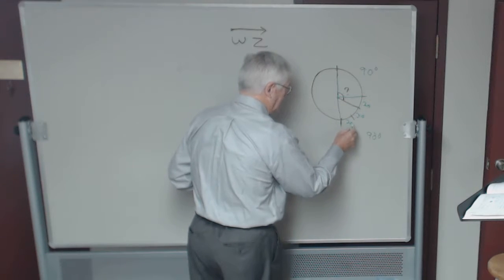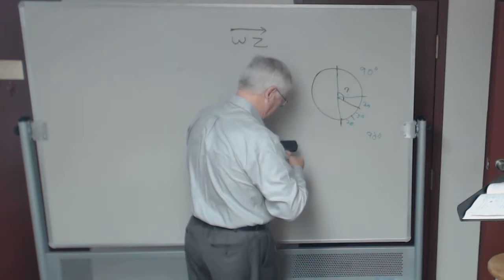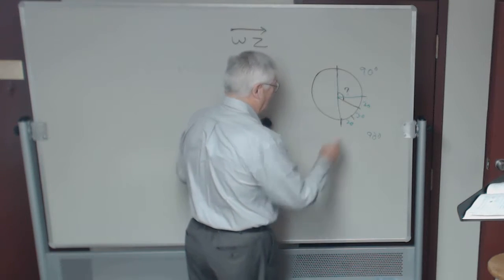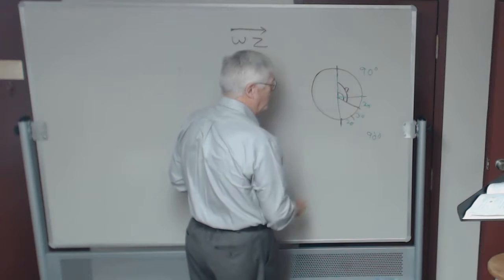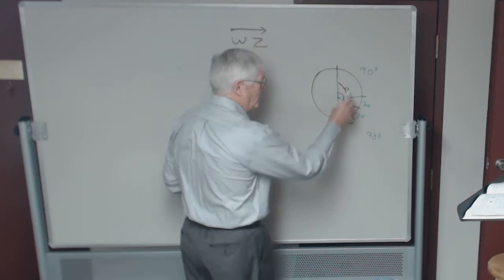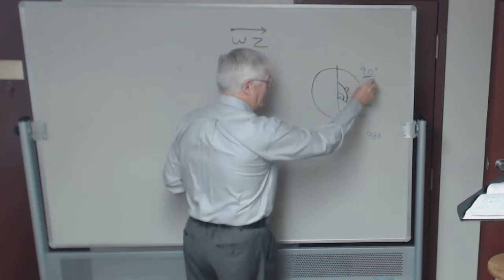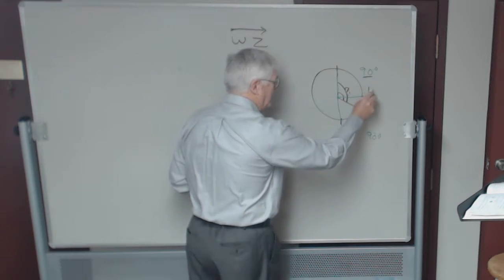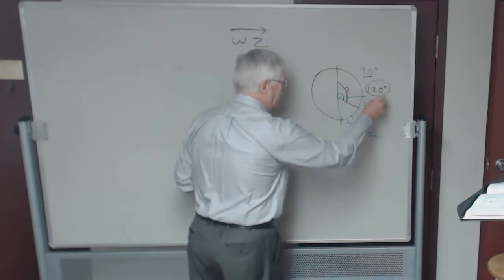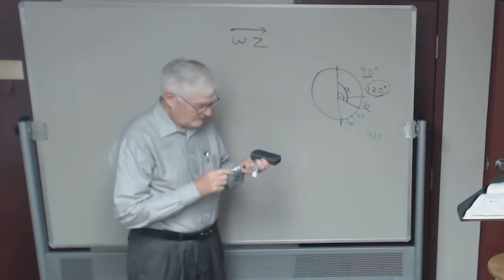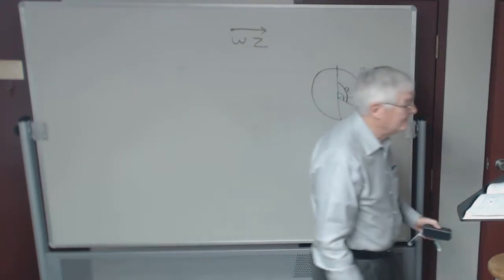30. So what would that be? 90 and 30 would be 120 degrees, right? All right.